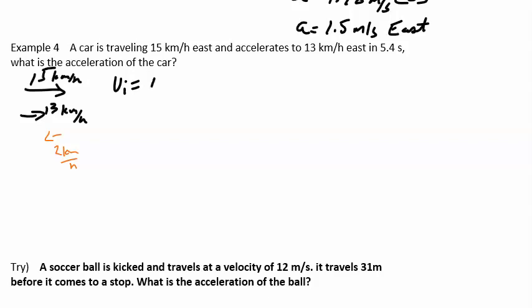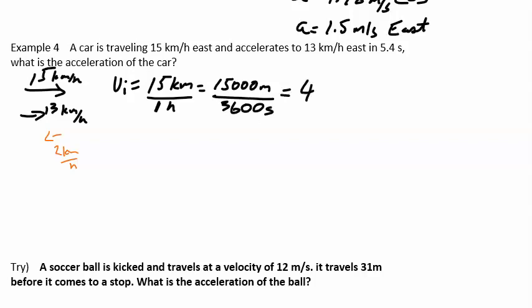So we're going to take this 15 kilometers per hour. Now that's 15 kilometers over 1 hour. And if you write it like this, it becomes a little bit easier to convert, because 15 kilometers is the same as 15,000 meters. And 1 hour is the same as 3,600 seconds.